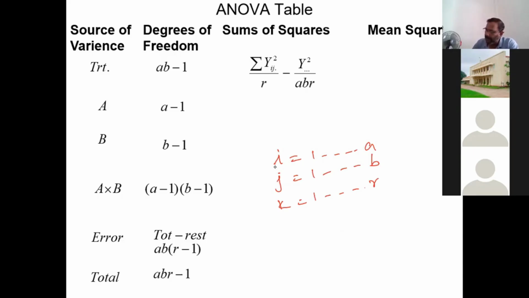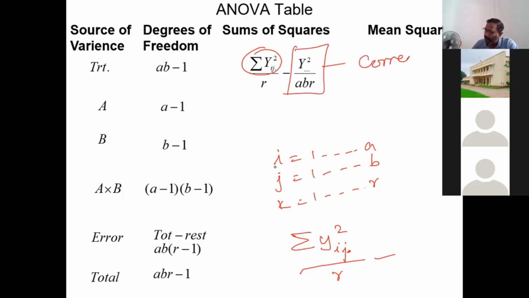So the treatment effect is given as such: summation Yij, because Ij includes both A and B, dot square divided by R, minus the correction factor.